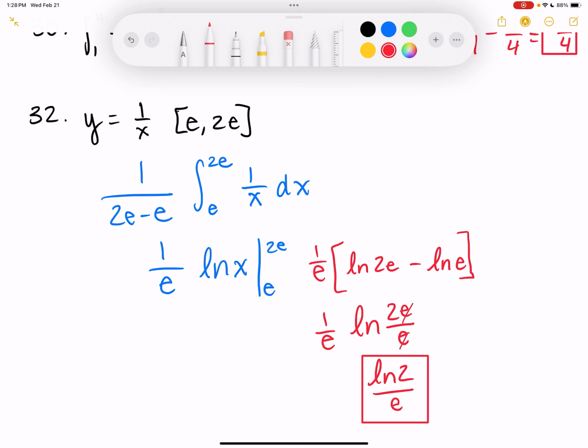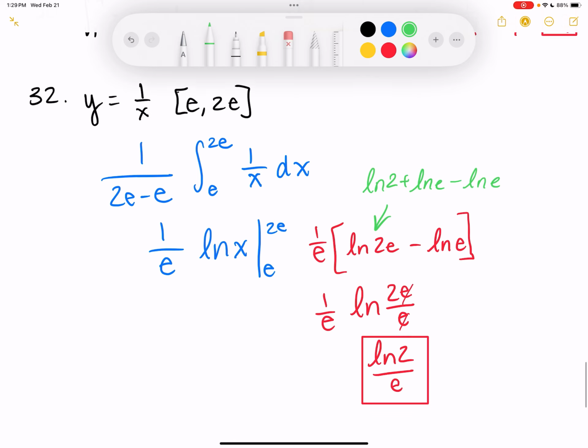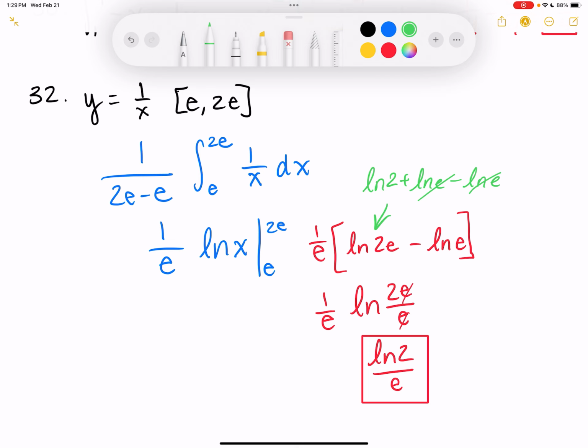For reference, because this is a product, I could have expanded it to the ln of 2 plus the ln of e, and then minus the ln of e, and those would cancel, leaving just the ln of 2. So that's another way I could have done it. Again, important to remember those rules.